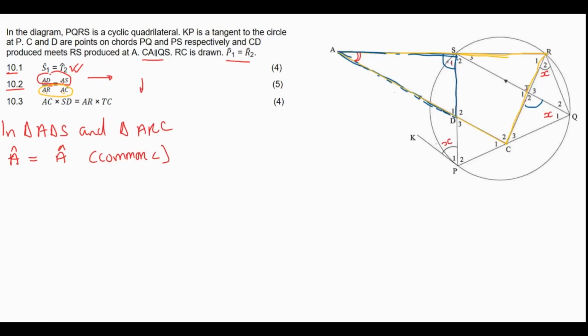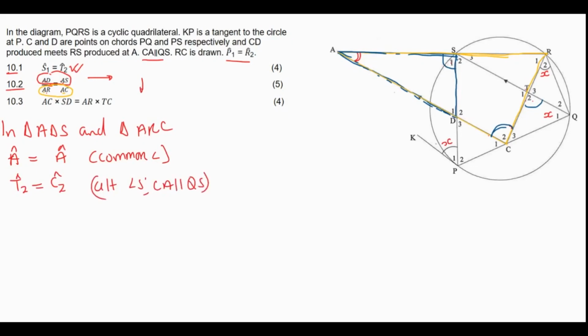So this angle S1 should be equal to which angle in our yellow triangle here? If you check, this angle T2 and angle C2 are equal. And then why are they equal? Because these are alternate angles. Angle T2 is equal to angle C2. These are alternate angles. CA is parallel to QS.